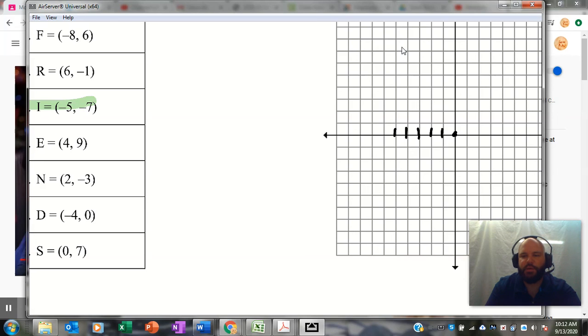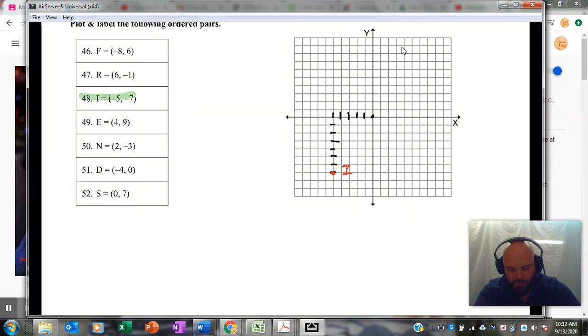Notice the first number is always left to right. In this case, it's a negative, so we go left 5. Now we need to go down 7. 1, 2, 3, 4, 5, 6, 7. After going left 5 and down 7, you can see our point is right there. I'm actually going to make it red so it's a little bit easier for you to see. There's our point, and we should label that as point I. And that would be how you do that second part.